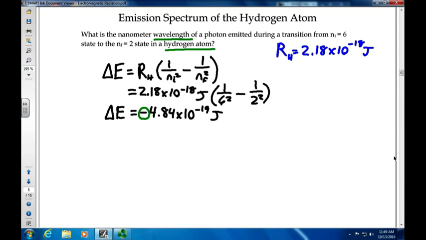Because we're not given frequency in this problem, we can look at frequency as being delta E over our Planck constant. Because delta E is given in units of joules, Planck constant is given in units of joule seconds. So the joules cancel out and you're left with per seconds.